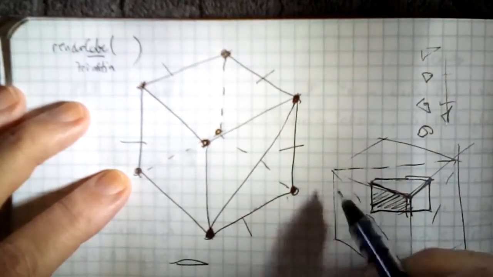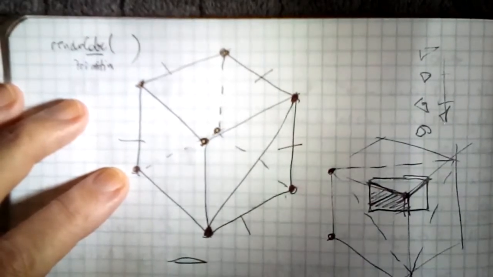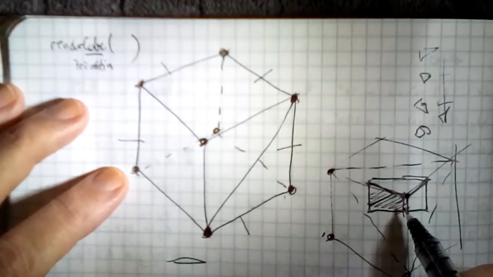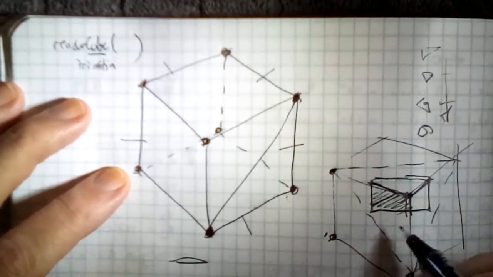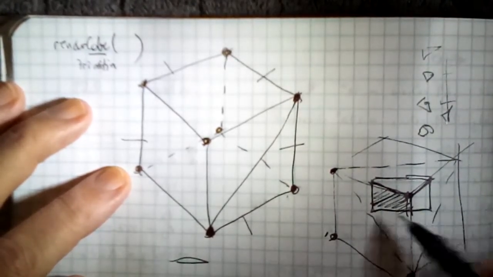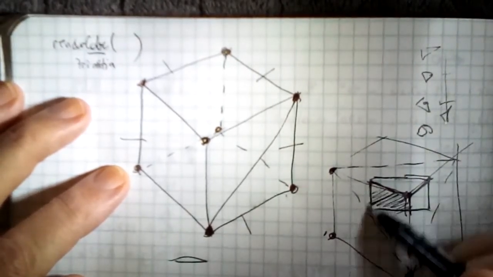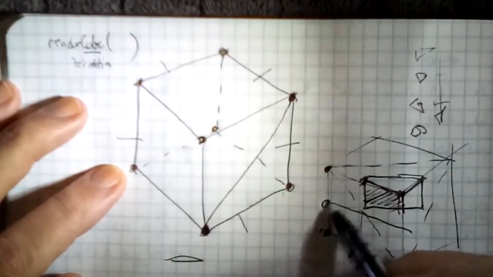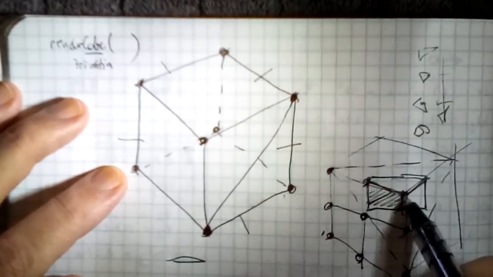So what happens is I consider 4 points and ask myself, how big would these triangles be on screen? And I have a maximum size, and if they're too big, then I go back to the 4 points and I create 5 new points, the midsection of these 4 edges and the center of the face.